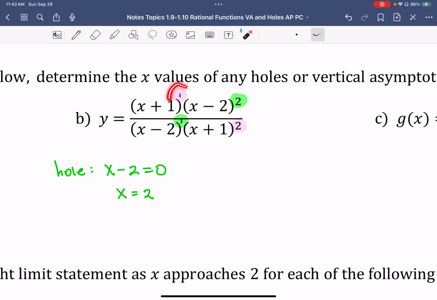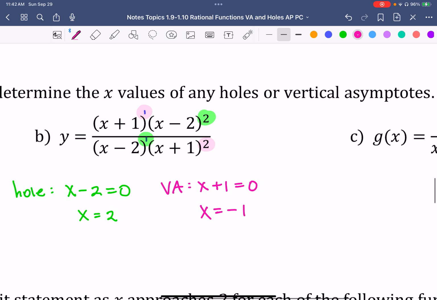Now this factor, there's a power of 1 at the top and a power of 2 at the bottom. Since the exponent is bigger in the denominator, that's going to make that factor be a vertical asymptote, which I can set that factor equal to 0, and I would get x equals -1.